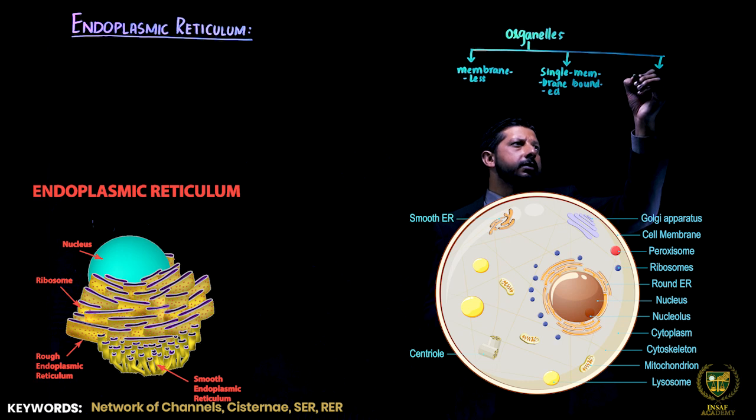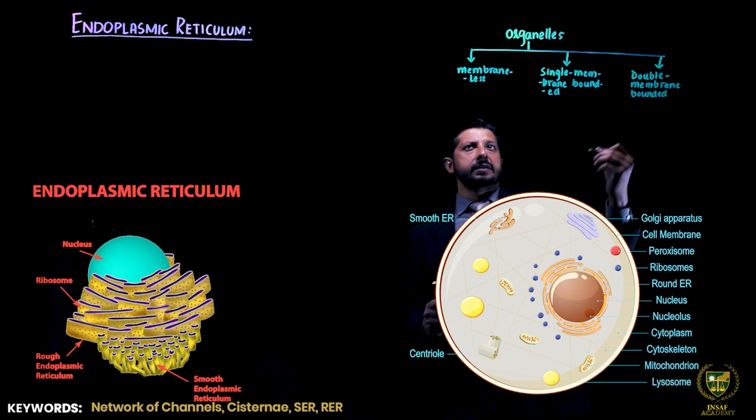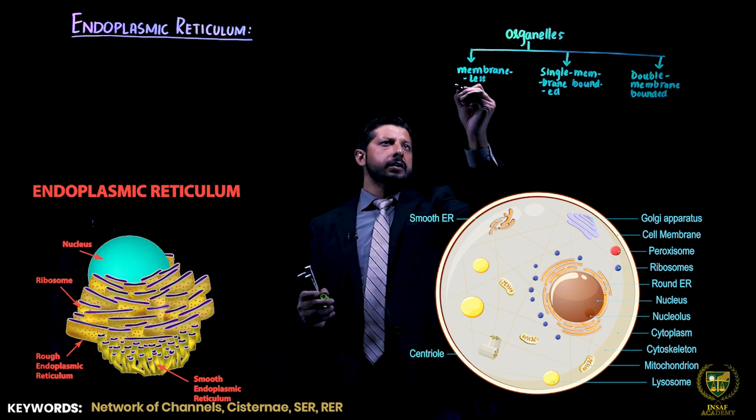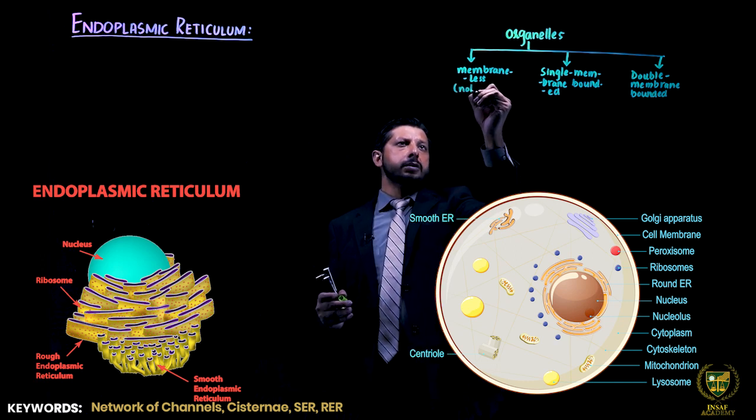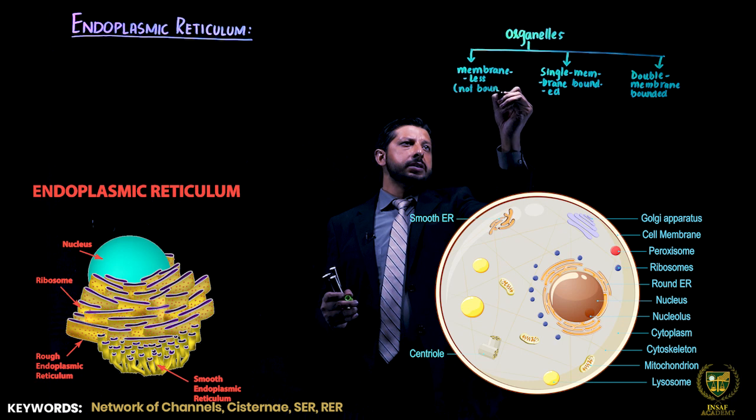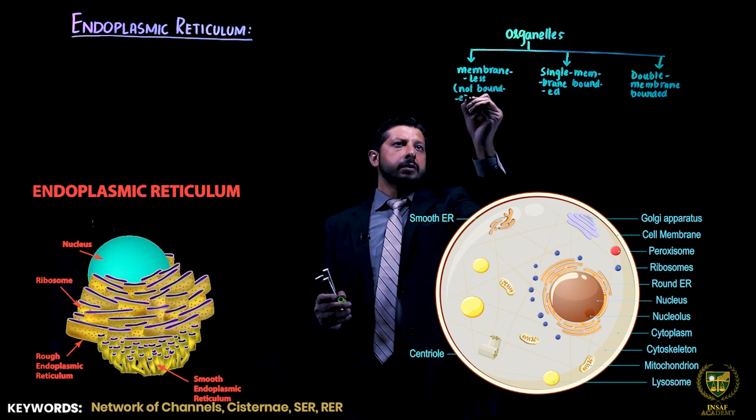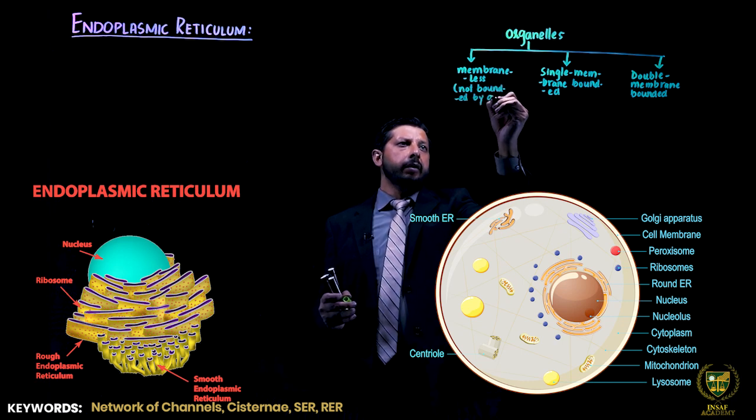And number three are the double membrane bounded organelles. Membraneless, they are not bounded by any membrane.